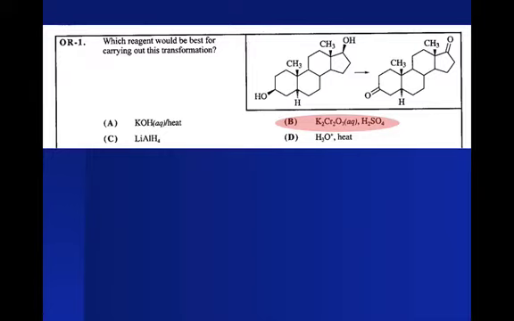PCC will always give a ketone regardless of what medium it's in if it's a secondary alcohol. Okay? Why did they choose potassium dichromate and not put PCC up here? PCC is expensive compared to potassium dichromate. So unless you want to do the selective oxidation of a primary alcohol to an aldehyde, avoid PCC. It'll work, but it's going to cost your boss a lot more money. Okay?